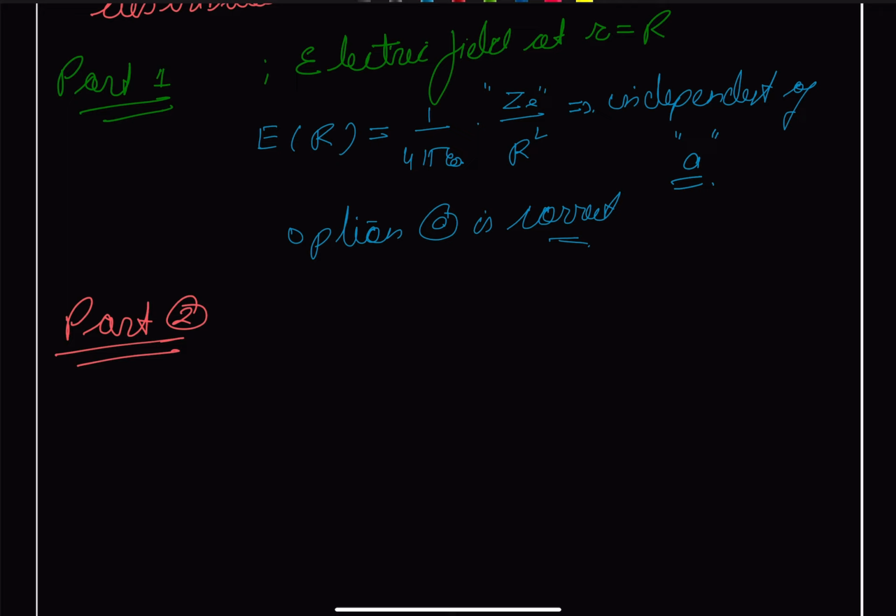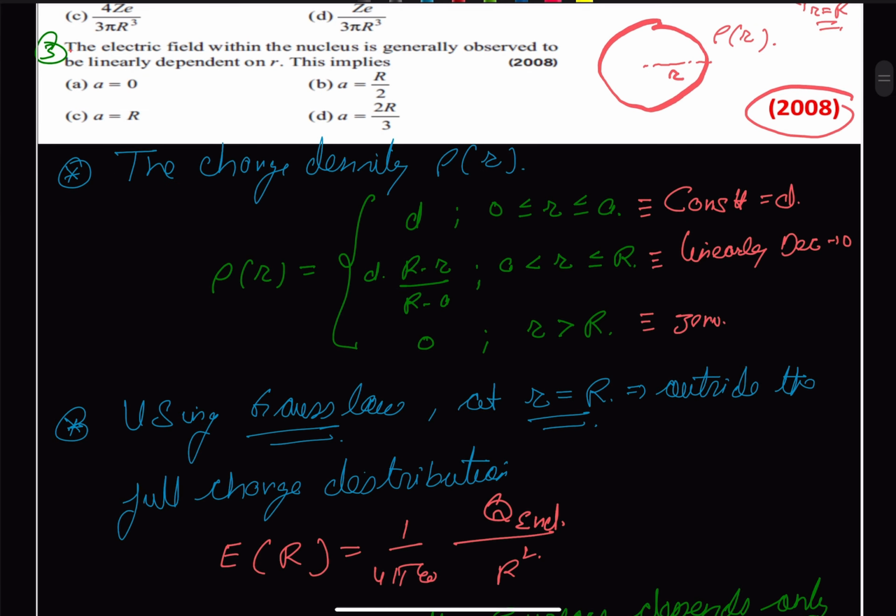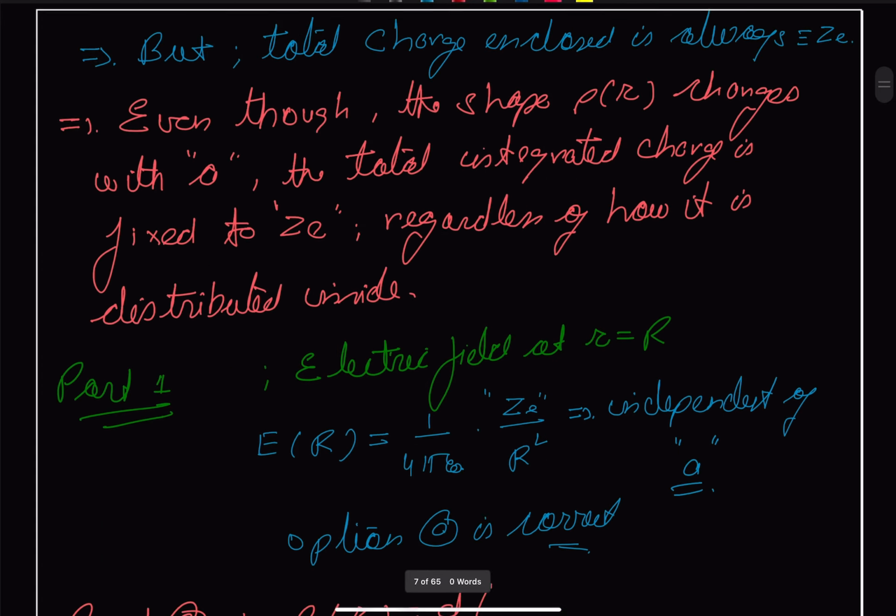We already know the equation that our rho of r is equal to D times (R minus r) divided by (R minus A).